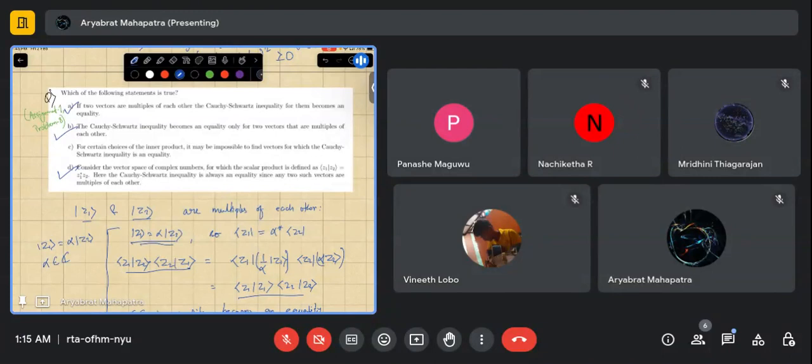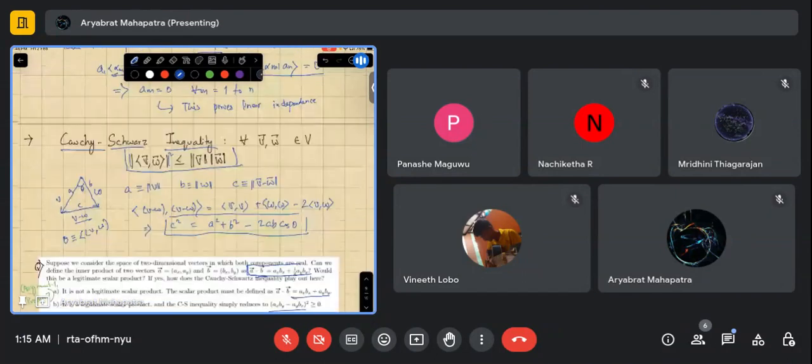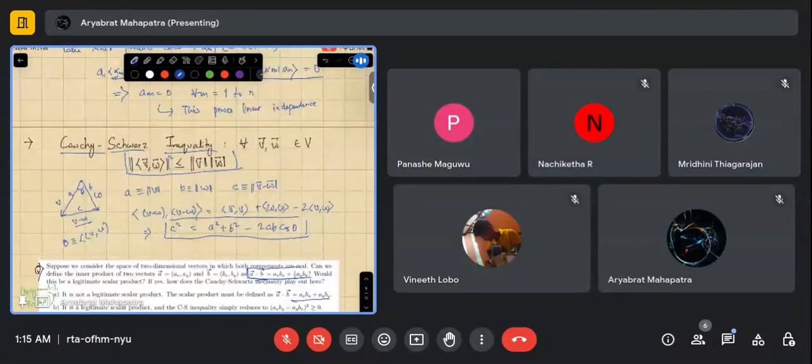Inner product can be defined in many forms depending on what space we are working in. As long as we are working in Euclidean vector spaces, the Cauchy-Schwarz inequality will hold true, and there will still be a condition. So when we talk about this Cauchy-Schwarz inequality, it has two parts.